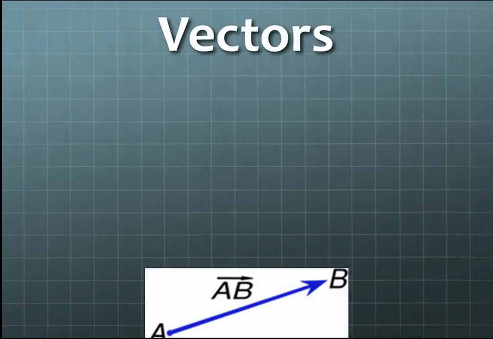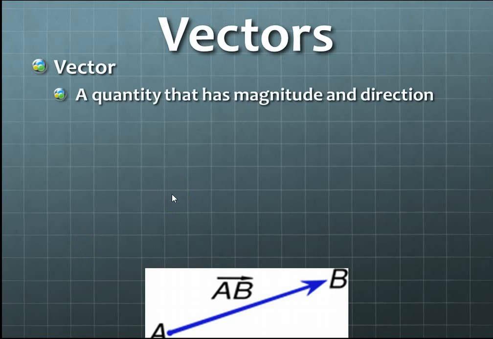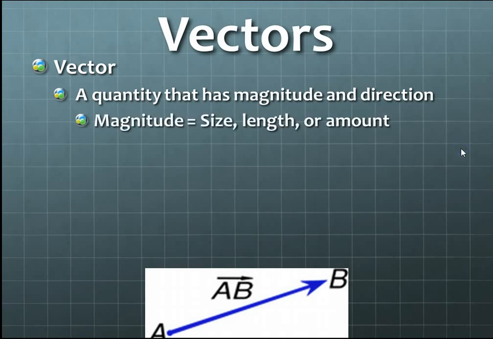So we're going to talk about vectors really quickly. A vector has a direction and a magnitude, and you can see a picture of a vector below. If you've taken geometry, or you are taking geometry, you may have seen these. A magnitude is just like a number, a size, a length, an amount.